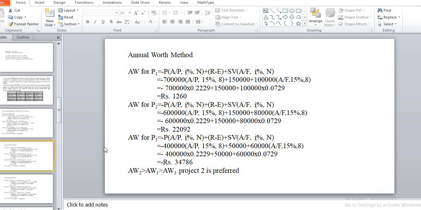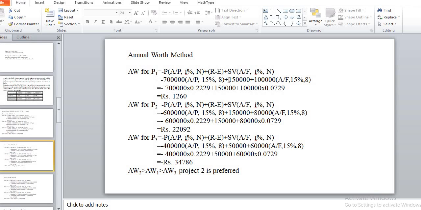Salvage value is 1 lakh, with interest rate MIRR value 15% and 8 year lifespan. The salvage value is considered as a single payment, A by F. And here this revenue minus expenses we obtain yearly, and this annual worth consideration is yearly.